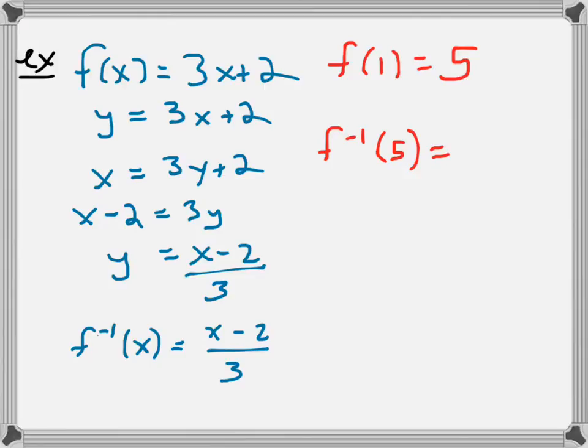It's kind of like, when x is 1, y is 5, so the inverse should say that when x is 5, I should get 1. So if I put 5 into my inverse function, 5 minus 2 over 3, that's 3 over 3, that's 1. So again, the idea is the inverse function works backwards.